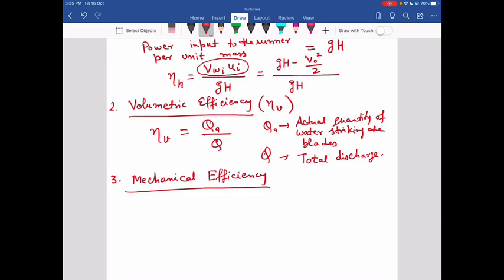All such losses come under mechanical efficiency. It is denoted by eta M, and I can write eta M as shaft output divided by runner output.